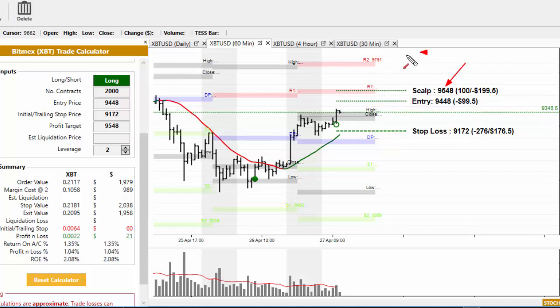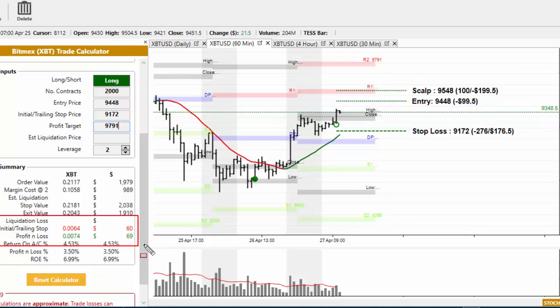And then over here we've got this 9791, so I would just change this to 9791, and immediately I can see what I've got here, and I can then also say, well, by this point I will have moved the stop. If the market's trading up at this level, then I'm going to be trailing the stop, so I'm not going to be exposed to $60 at this point.